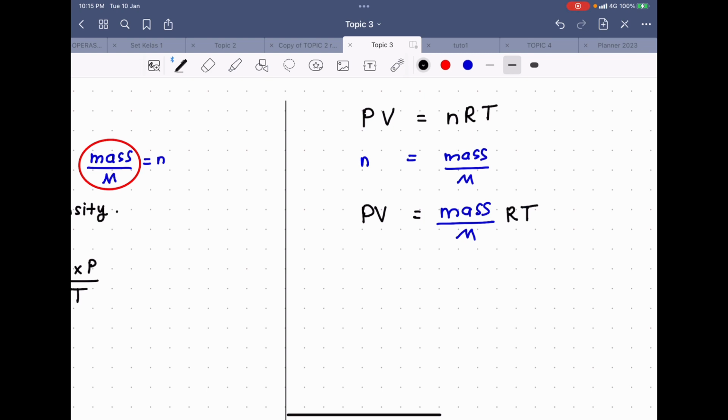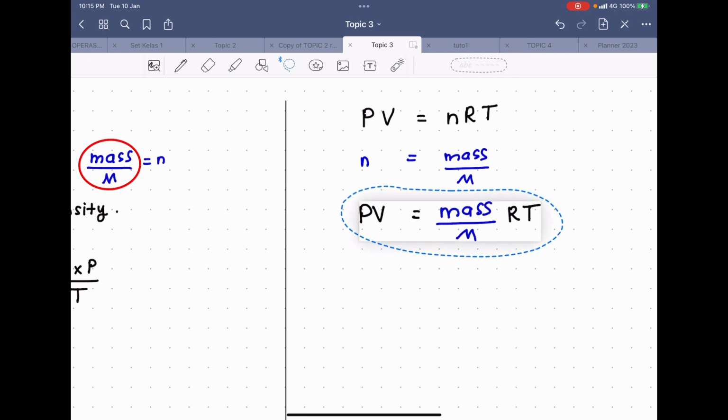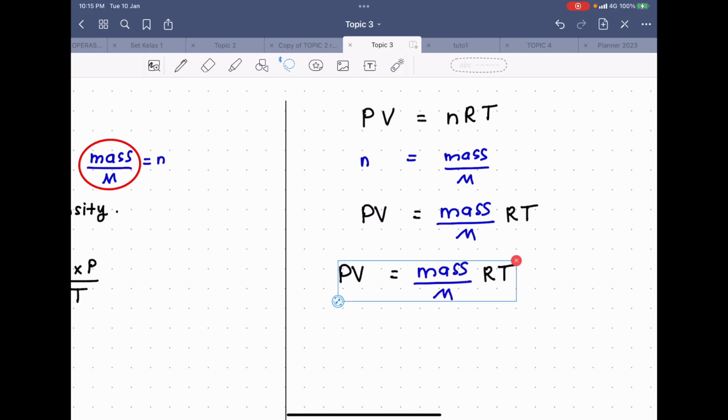Now what we want is molar mass. How do we calculate it? We just rearrange the equation, just like before, bringing what we want to one side. We want molar mass, so molar mass stays here and PV goes down here.